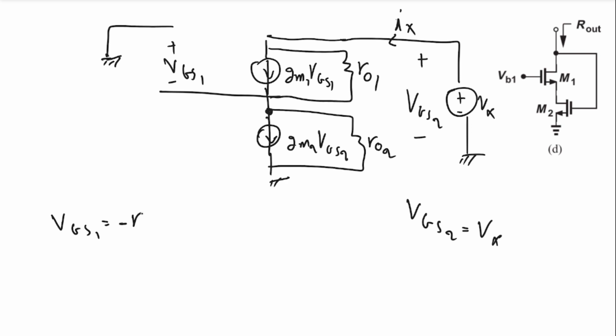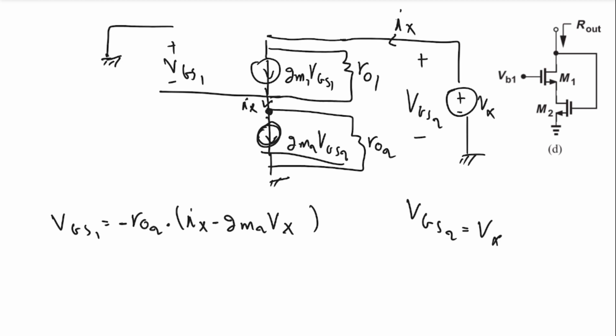So minus ro2 times the current passing through ro2, which is Ix minus gm2 Vgs2. And Vgs2 is Vx, so Ix minus gm2 Vx.